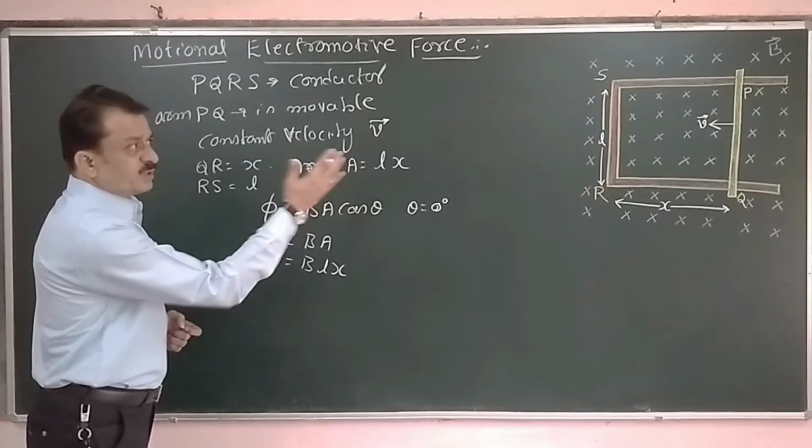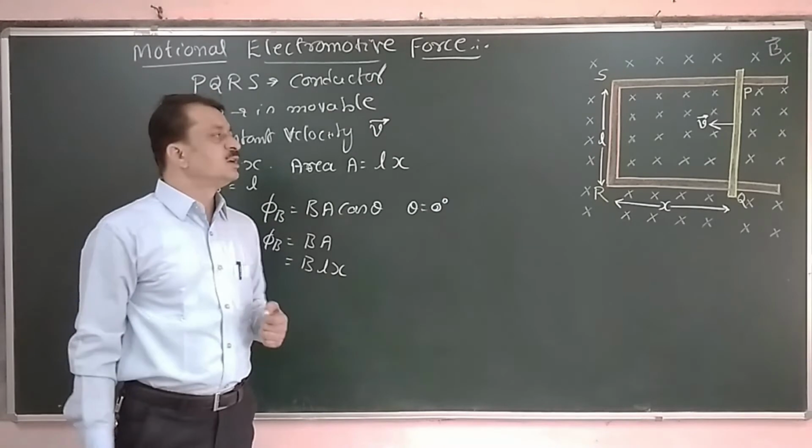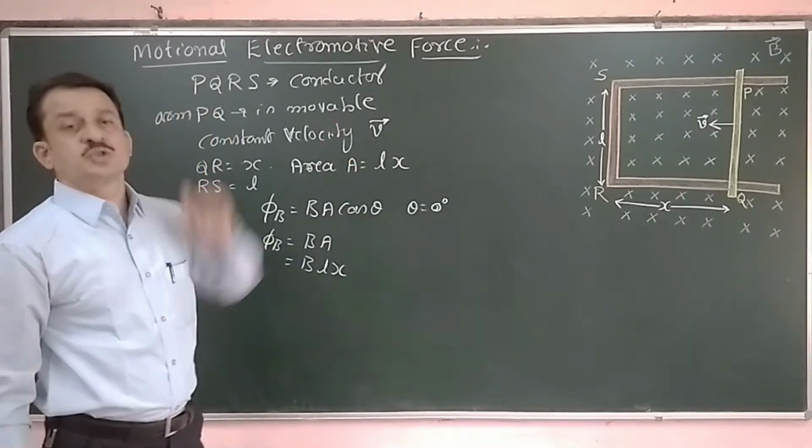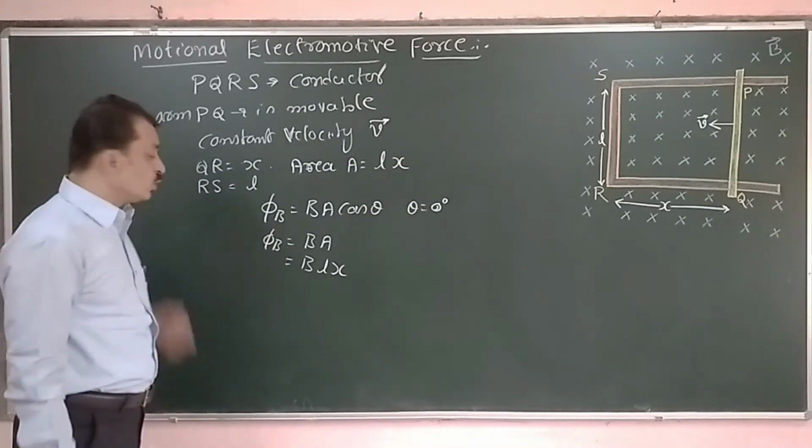Now the arm PQ is moving inwards, the flux is changing. Therefore, since there is a change in flux, according to Faraday's laws of electromagnetic induction, an EMF is induced across the arm PQ.